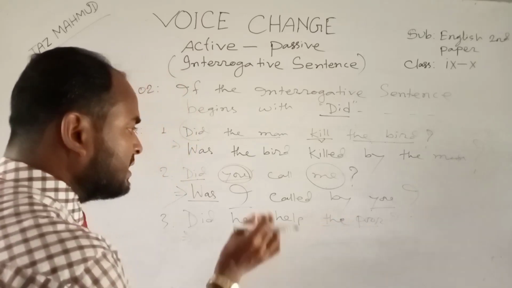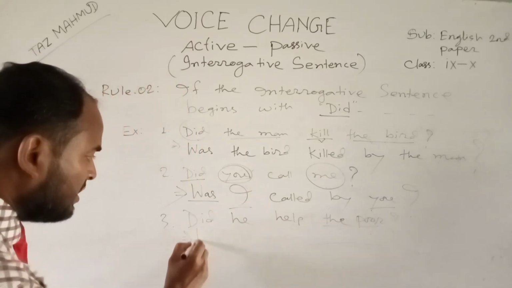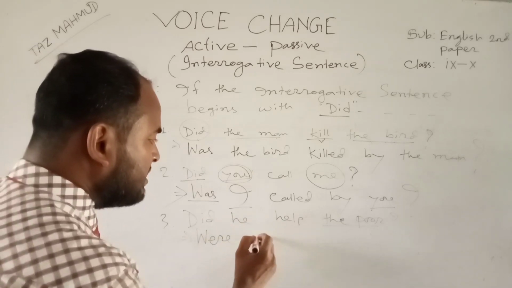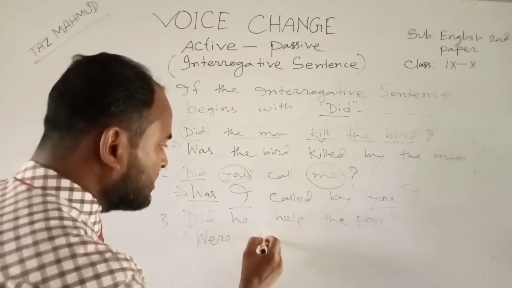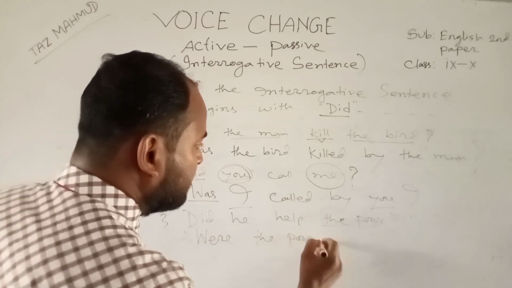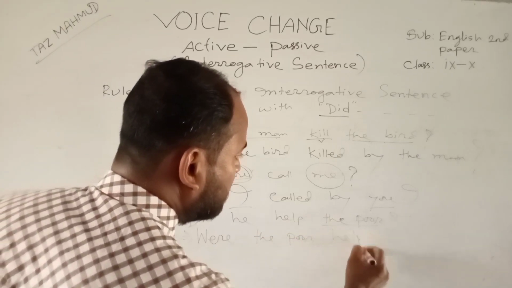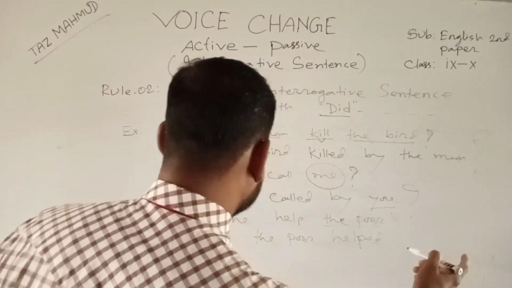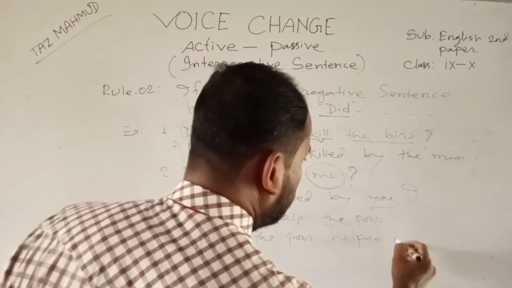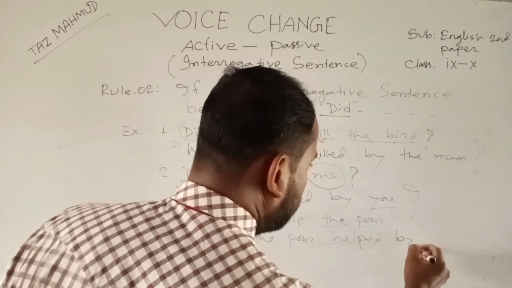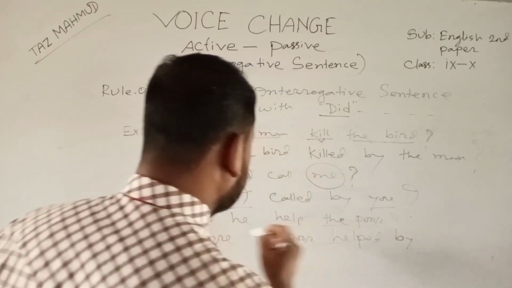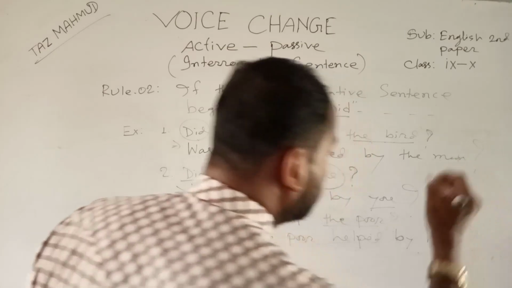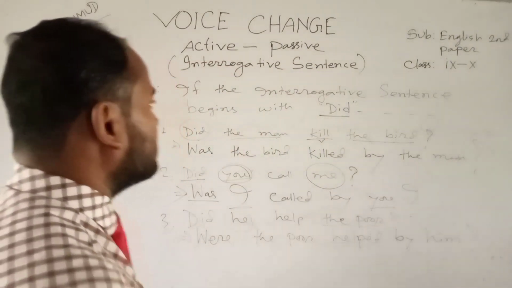The poor is plural, and for this reason we have to use were now. Were, then the subject form of object the poor, then the past participle form of verb, helped. There is no extension in this sentence, so now we have to write by, and then the object form of subject he, and lastly we shall use the note of interrogation.